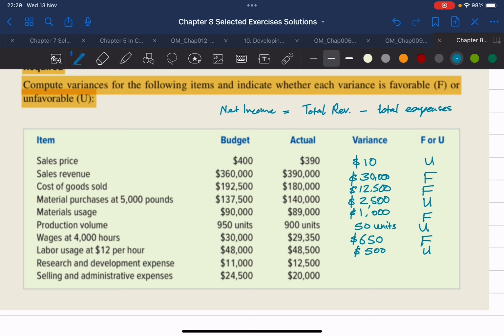Next one, research and development expense. The budget was $11,000. The actual was 12,500. The actual is higher than the budget, so that is also unfavorable. And the difference is $1,500.